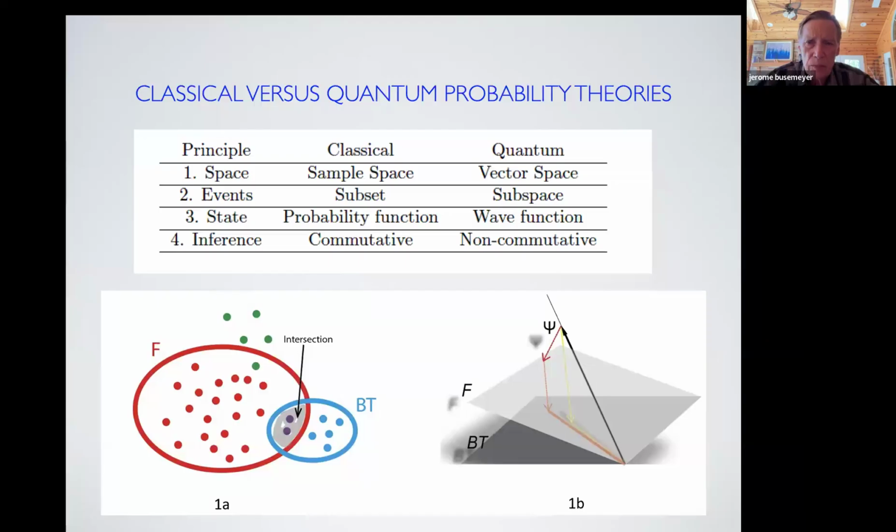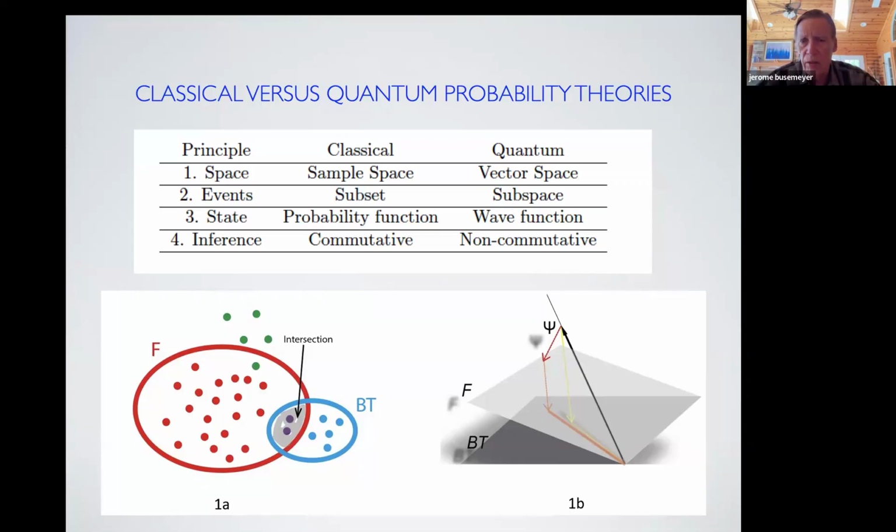So let's say, to make things simple and finite here, our sample space has a cardinality of 100 points. So 100 points, with probabilities there in the classical case. In the quantum case, we would replace the universal set with a universal vector space.